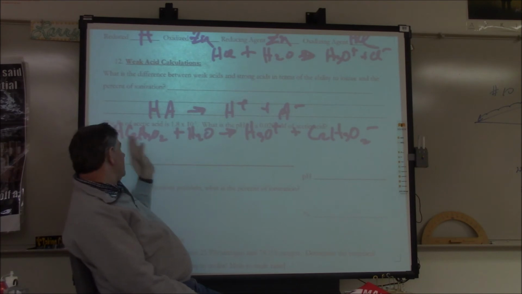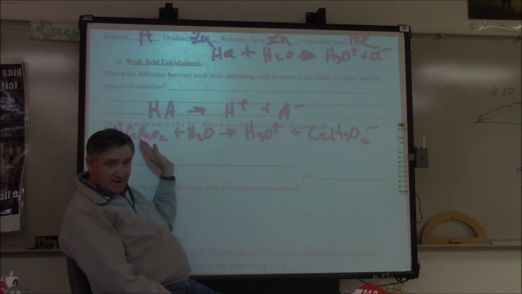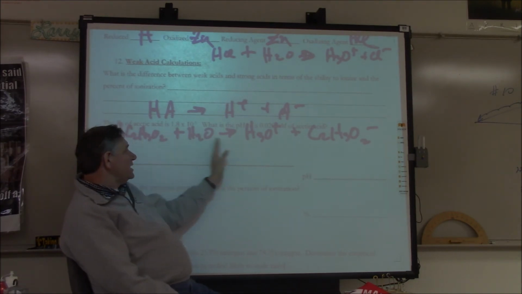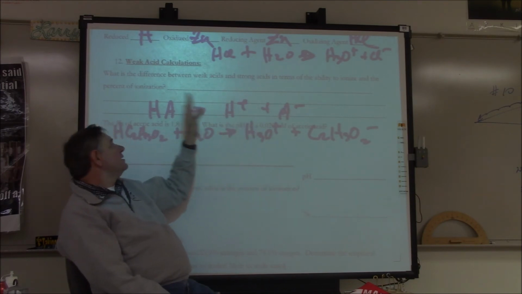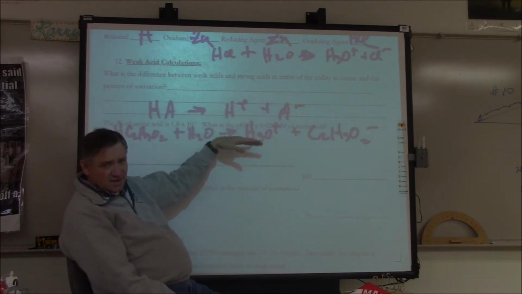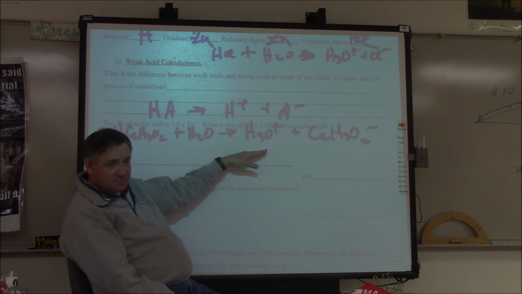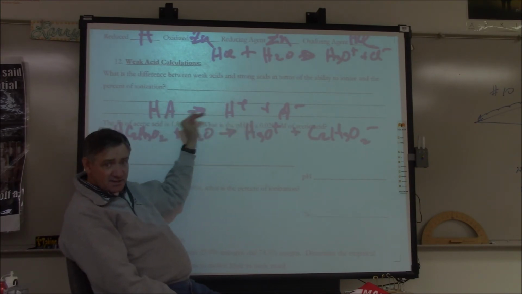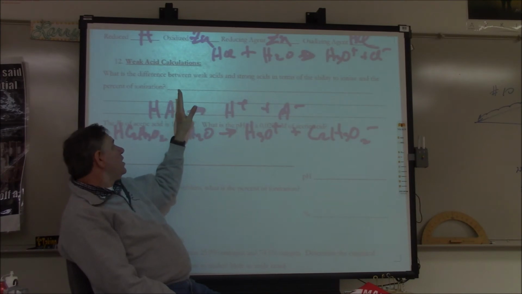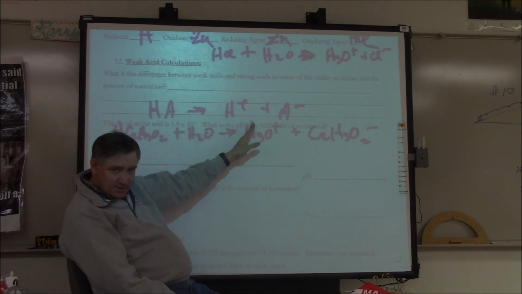For now, like on this one, since you know specifically that it's acetic acid, go ahead and write this whole thing out like this. Later on, once we understand what's taking place, then I'll let you shortcut it to here. Now, here's what's important. With this one, we don't write the water, but it's implied that there's water in here.